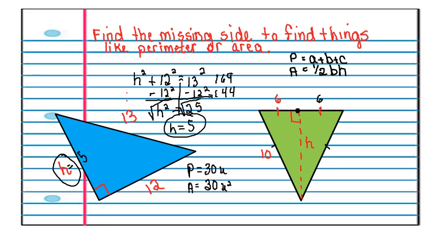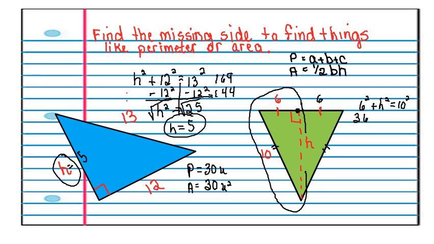But what we need is basically this triangle right here to be able to find things like the perimeter and the area. We'll need the height. So the height, again, is going to be a right triangle type of thing. So we have an a squared, a leg, plus our height squared, something missing, and a hypotenuse squared.